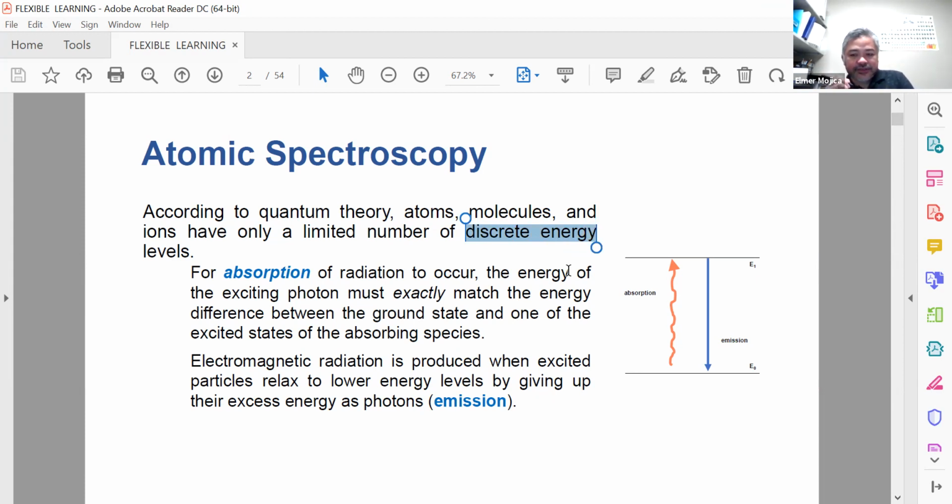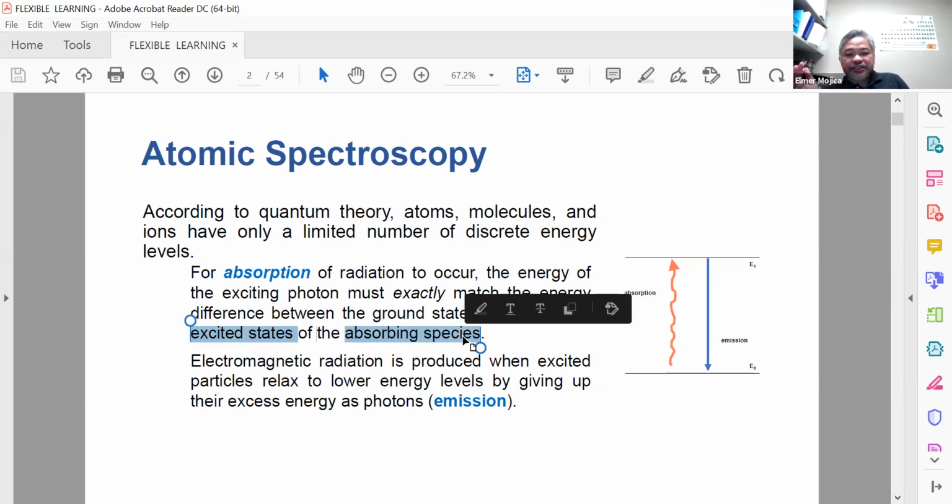Whenever energy is absorbed, some of the particles go to a much higher energy level. For the absorption of radiation to occur, the energy of the exciting photon must exactly match the energy difference between the ground state and one of the excited states of the absorbing species.